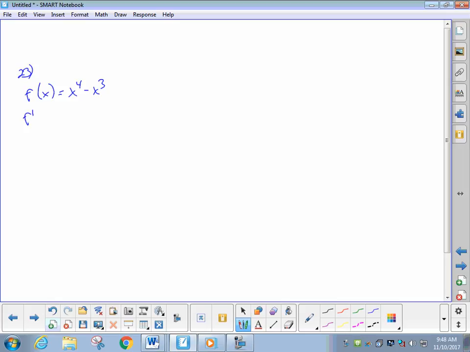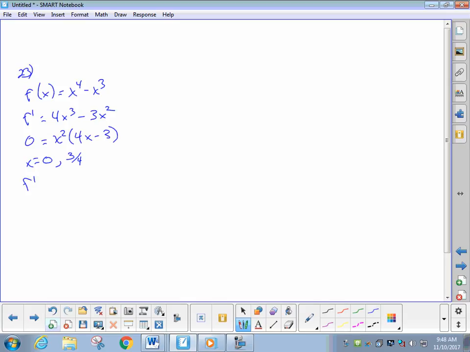So, if I take the first derivative, it looks like that. And that then is x squared times something. This equals 0 at x equals 0 and 3/4. All right? That's places where the graph goes flat.